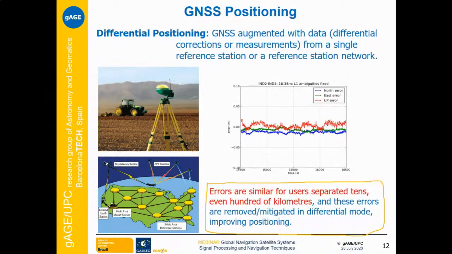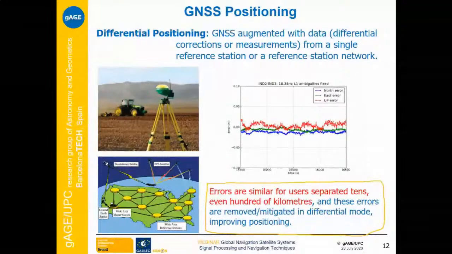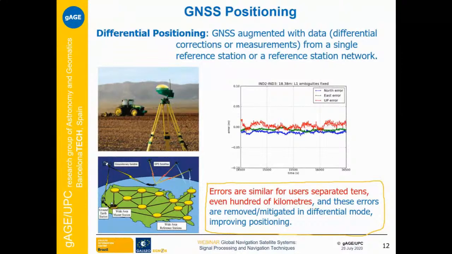And this is the key idea behind the differential positioning. We will see in the remainder of the session different techniques that exploit this very simple, very attractive idea of differential error mitigation.